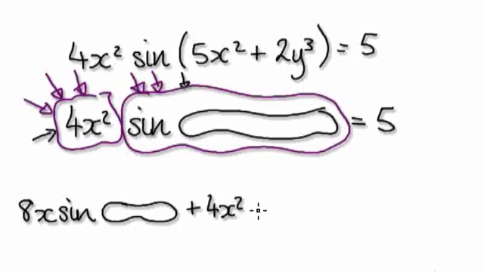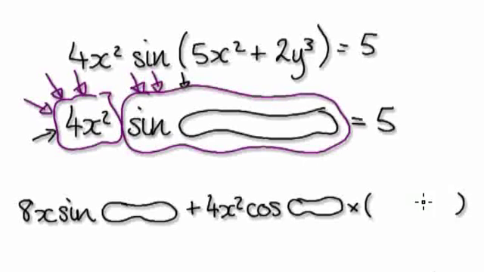When you differentiate this bubble, it will be cos of that bubble, and then you've got to differentiate the bubble itself, so it's going to be times the derivative of the bubble itself.